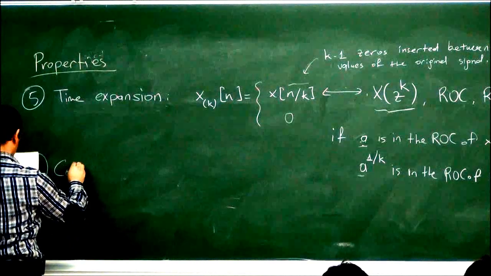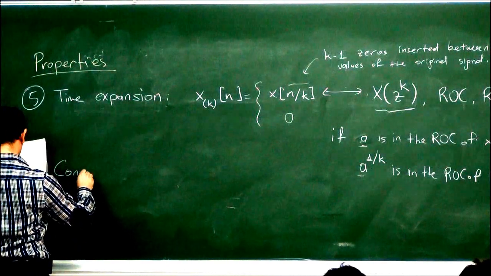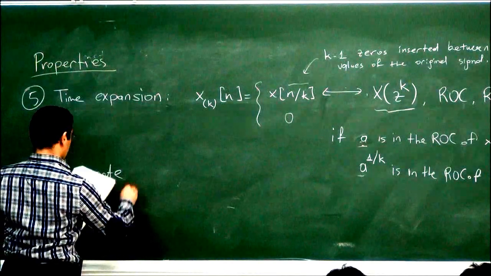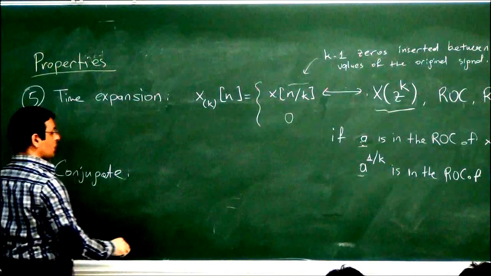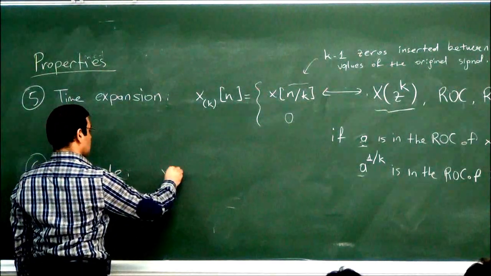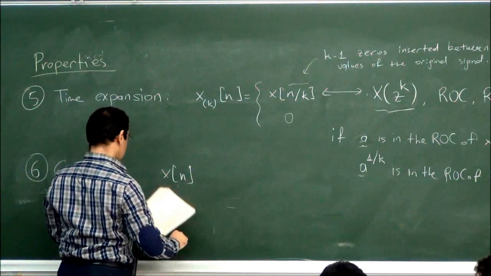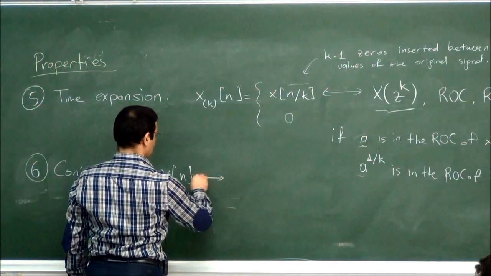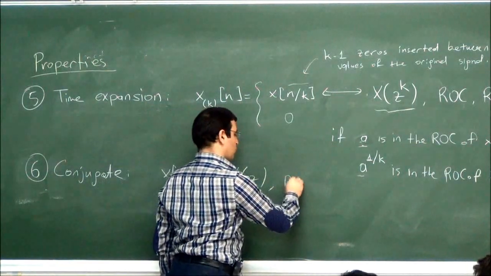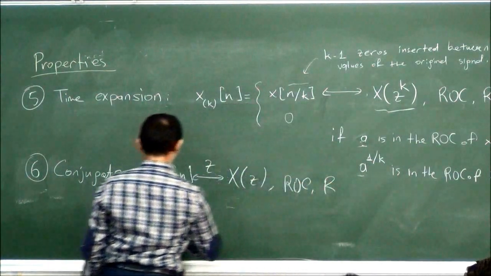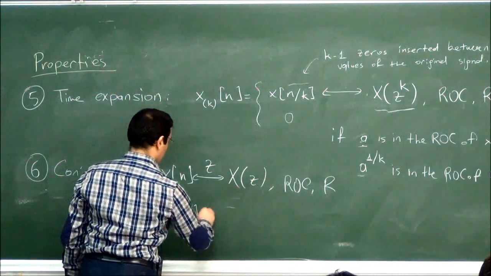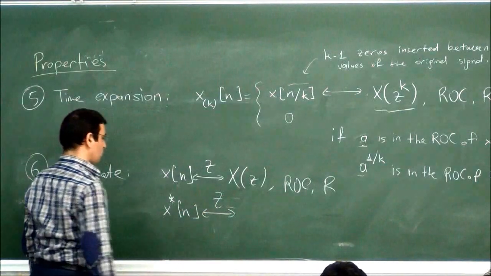Another important property is the conjugate property. Let's say you have a complex sequence x[n], with Z transform X(z) and region of convergence R. If you take the conjugate of this sequence, what about its Z transform?